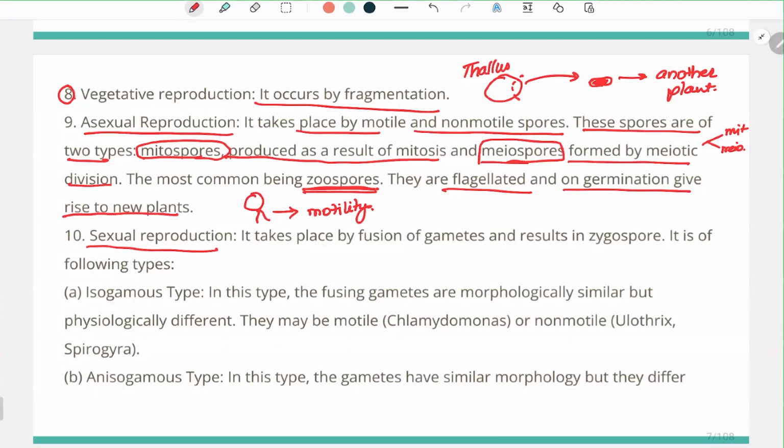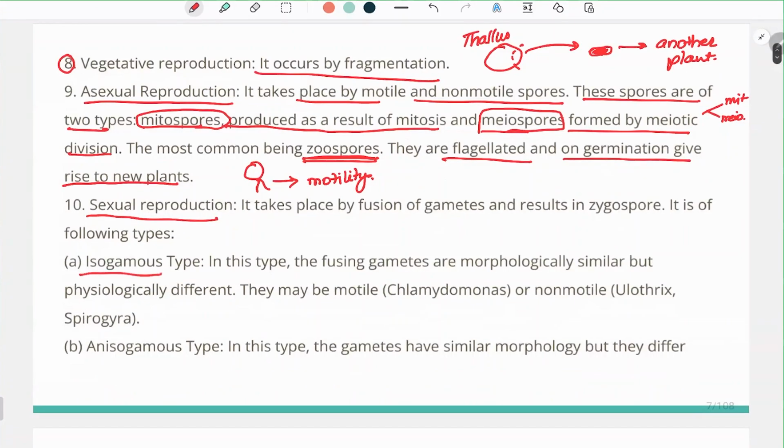Sexual reproduction takes place by the fusion of gametes, resulting in a zygospore. It is of two types. First, isogamous. Iso means same, gamous means gamete. So isogamous means the same type of gamete. In this type, fusing gametes are morphologically similar but physiologically different.